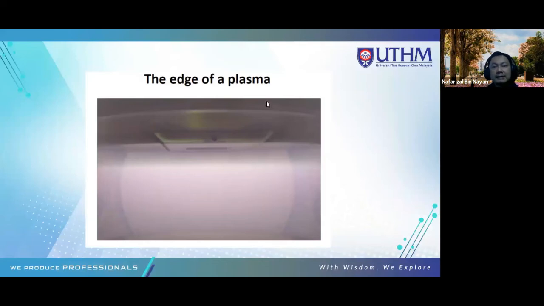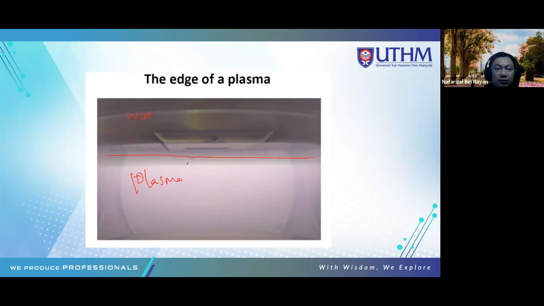So in fact, we can see this phenomenon or this situation very clearly in the lab. So this is the wall, and down here is the plasma. So you can see a clear border.